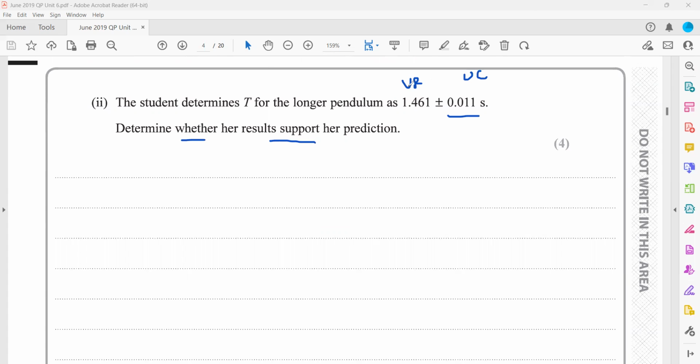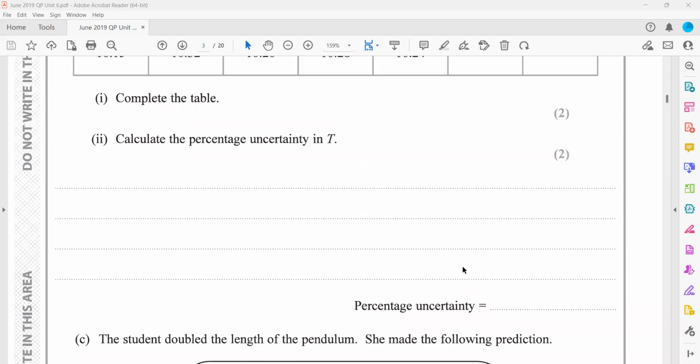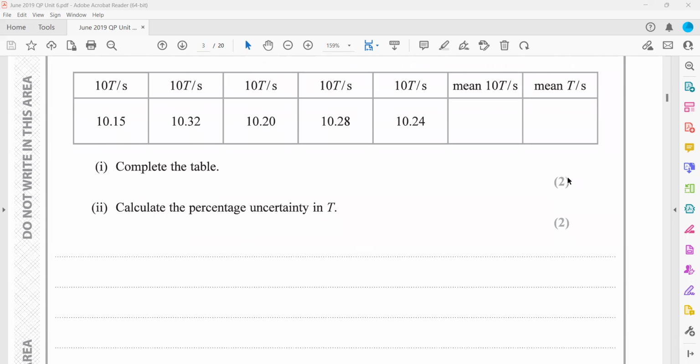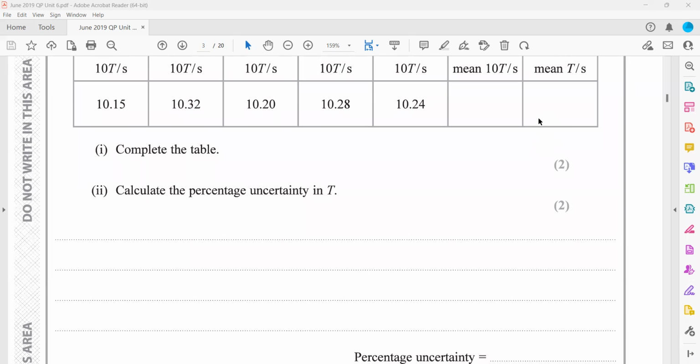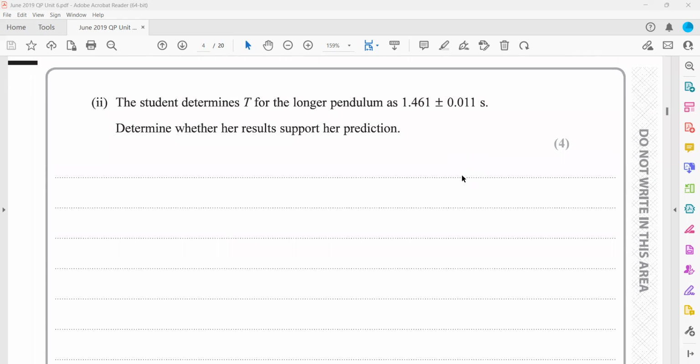This is the time period for the shorter pendulum, with percentage uncertainty 0.83, and this is the time period for the longer pendulum, 1.461, with an uncertainty of 0.011 seconds.